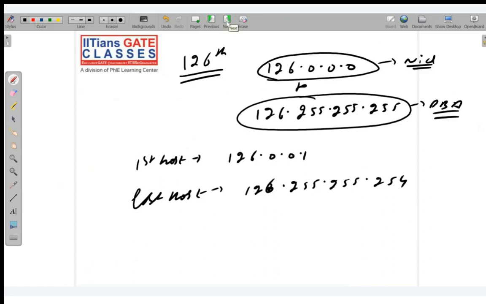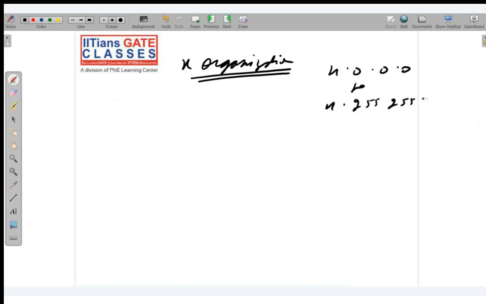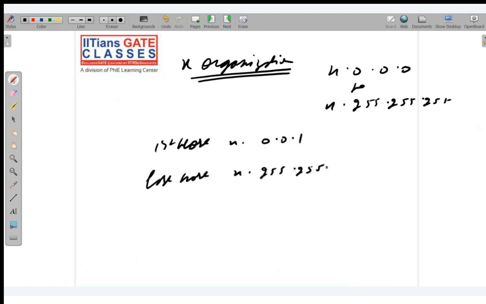Done, sir. So if you want to find any X organization of class A, this X can be 1, 2, 3, 4, anything. You will say X.0.0.0 to X.255.255.255, first host X.0.0.1, last host X.255.255.254.